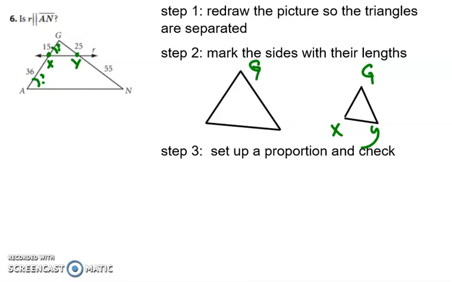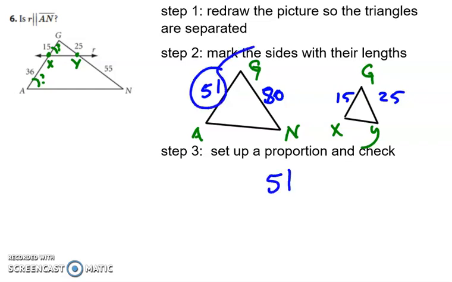So A would be on the same side as GX, and N is on the same side as GY. So for the smaller triangle, we have 15 and 25. For the bigger triangle, the left side is 51 because 36 plus 15, and the right side is 80, 25 plus 55.